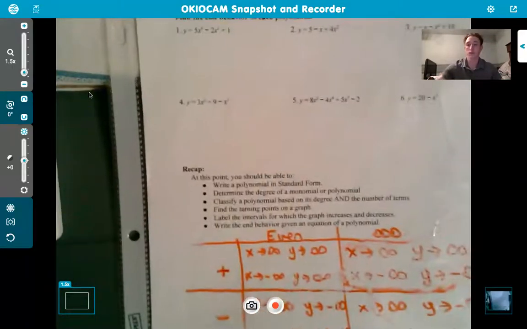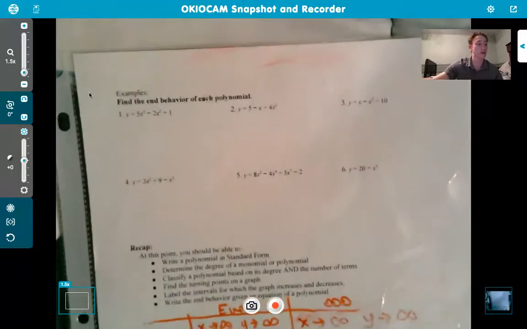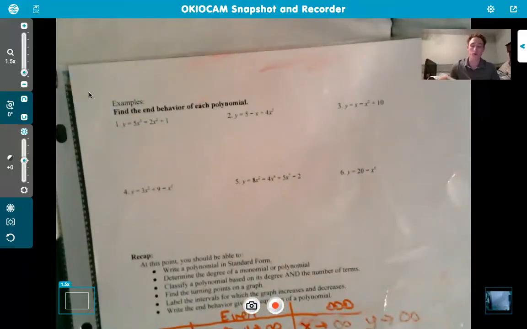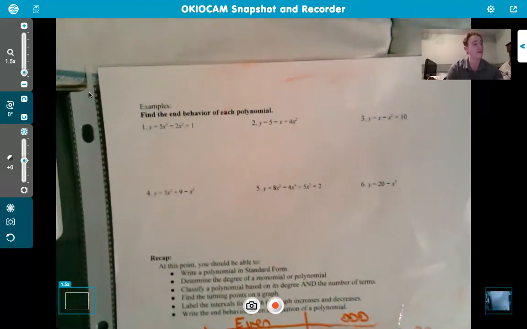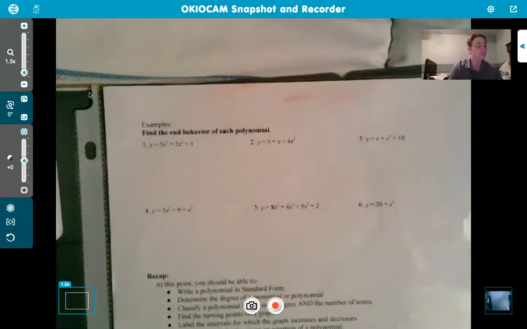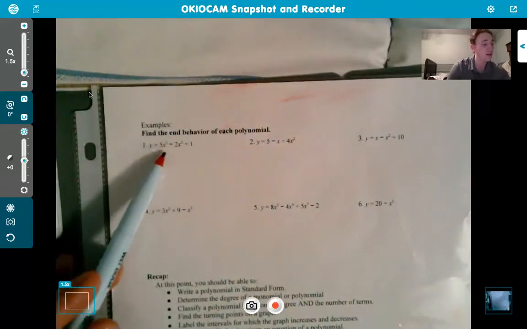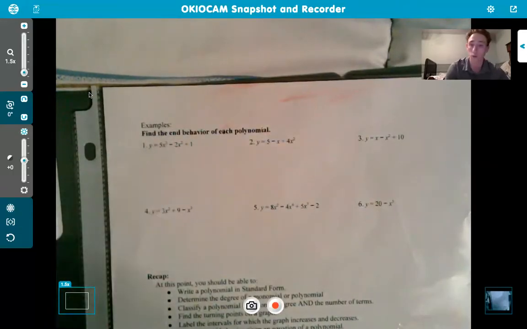So a couple examples that we are going to look at, all right? First things first, we always want to make sure, as we talked about today in class, that we combine any like terms, we write our equation, our polynomial or our expression, in standard form, all right? So this first example here, we'll go through a couple. I have y equals 5x cubed minus 2x squared plus 1.